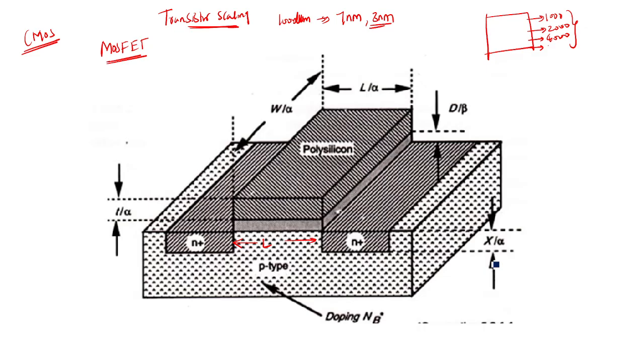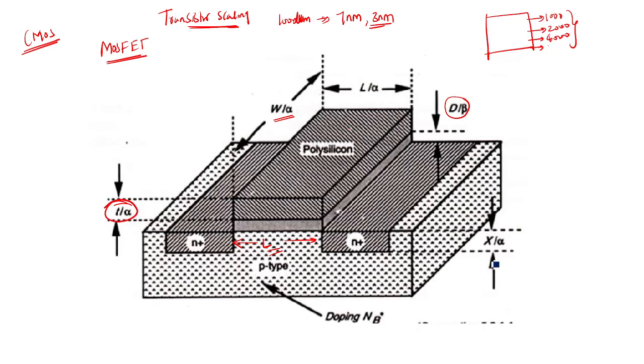Here you need to know about scaling. Suppose this is the width of the channel, this is the length of the channel, and this is the thickness of the channel. And this is the thickness of polysilicon.